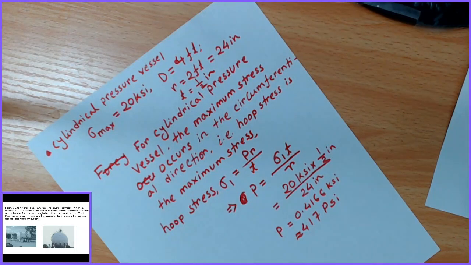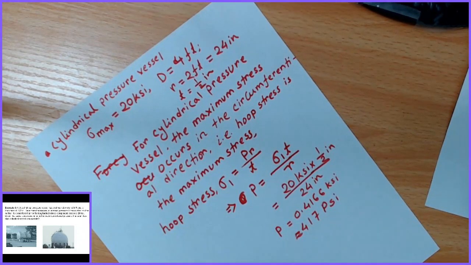The internal pressure is 417 psi. So the fluid inside the cylinder is exerting a pressure of 417 psi, and the maximum stress developed due to this pressure is 20 ksi.